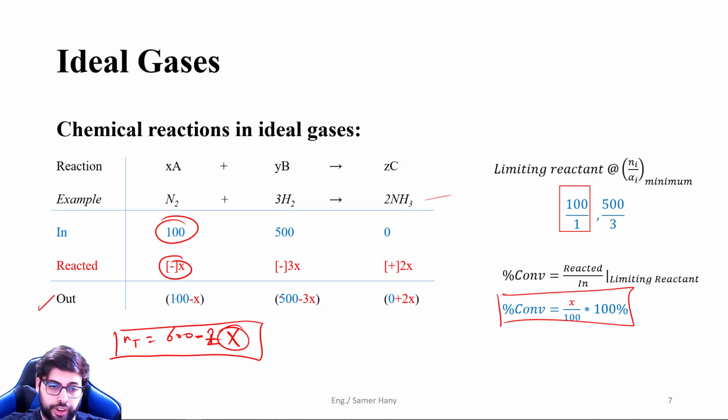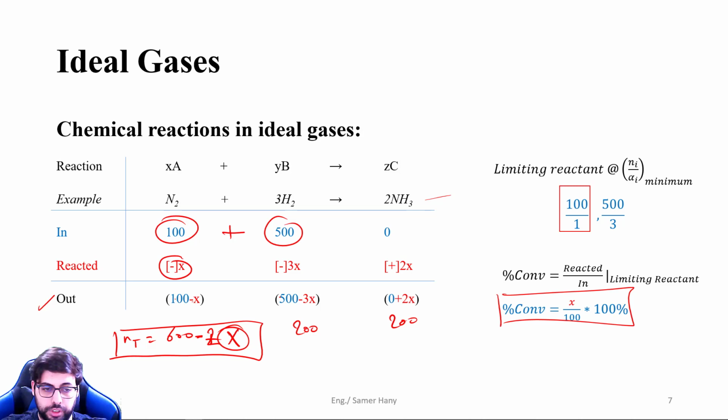So at the very start of the reaction, X is 0. So the total number of moles will be 600, which is just the sum of the two inlet amounts together. And let's say when the nitrogen is fully reacted, so 100 moles of nitrogen reacted, this will be 600 minus 200, which is 400, which will be just 200 moles of ammonia produced and 200 moles of hydrogen that were in excess in the system to start with.